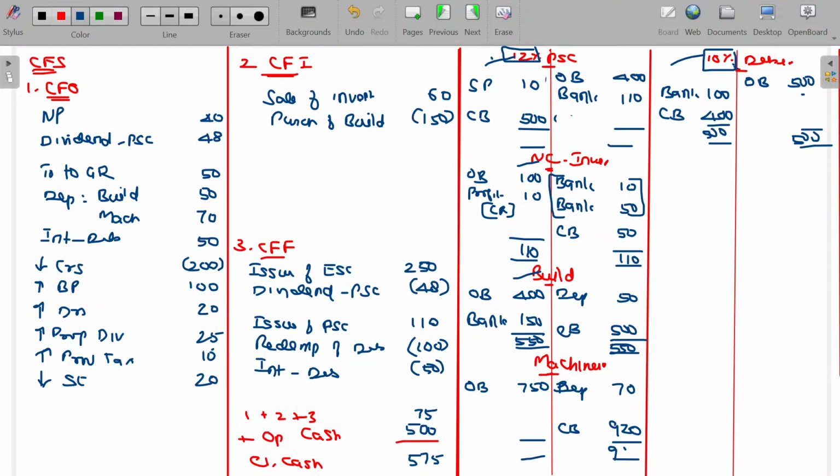Machinery 990 and 240 bank. Purchase of machinery 240. Outflow of cash. Everything posted. You won't get the book answer because I have assumed 2 or 3 different items here.